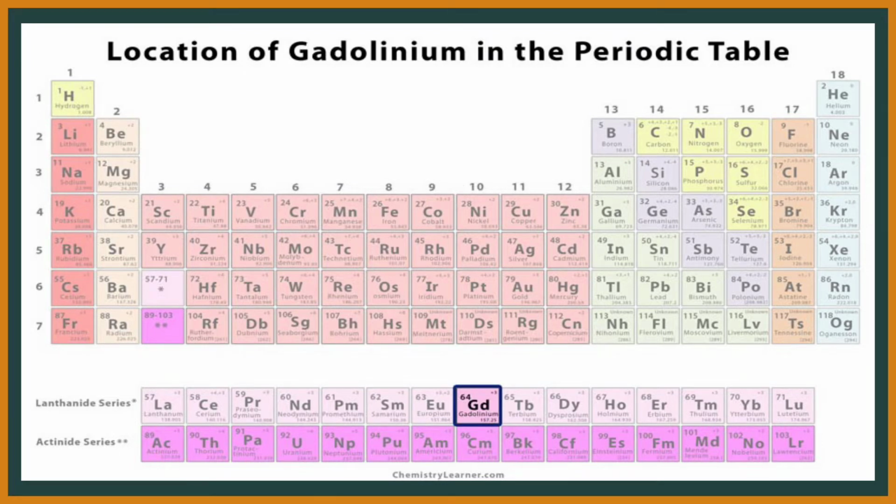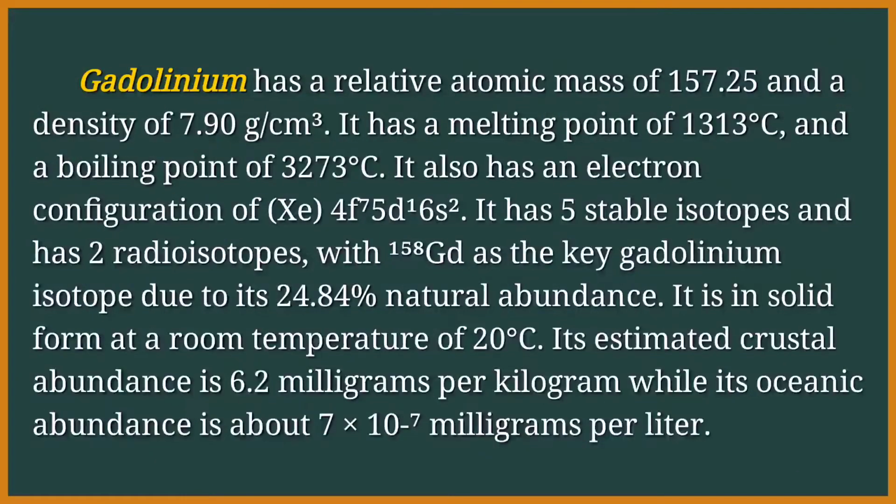These elements are characterized by their softness, distinctive silver color, and their reactivity when exposed to moist air. Gadolinium has a relative atomic mass of 157.25 and a density of 7.90 gram per centimeter cubed.